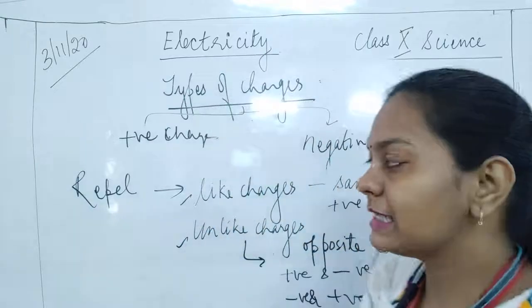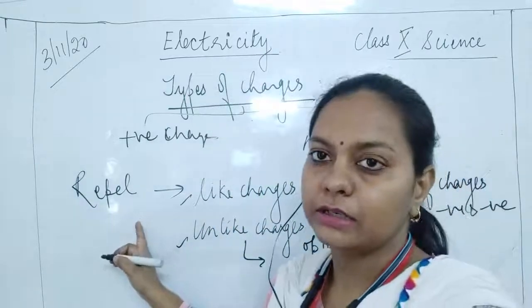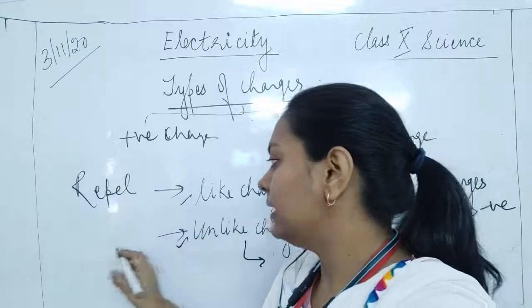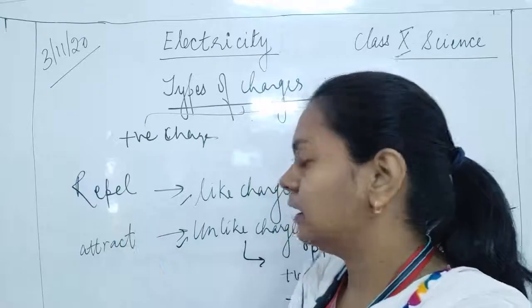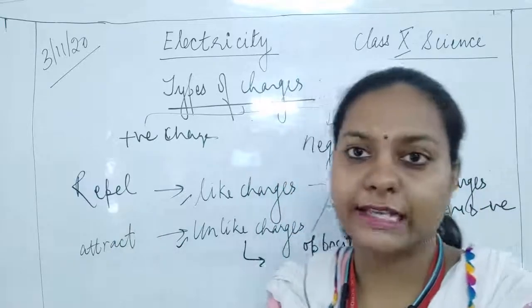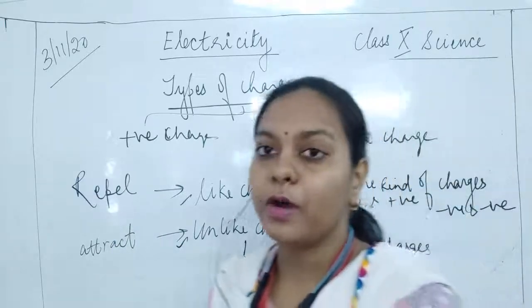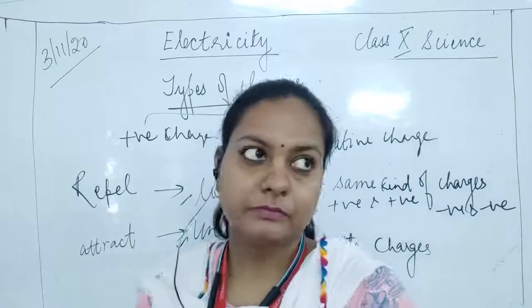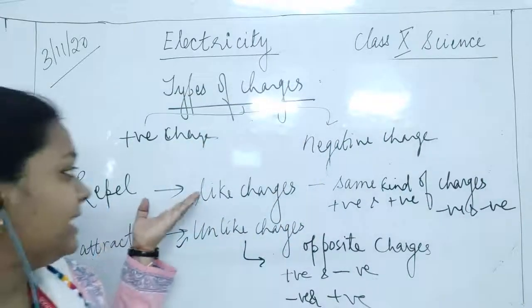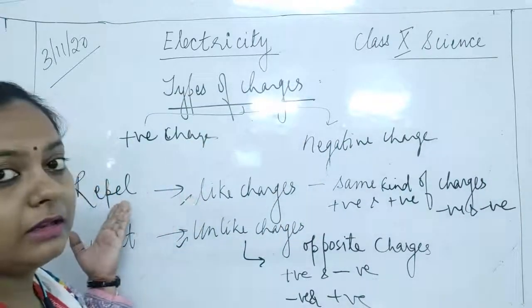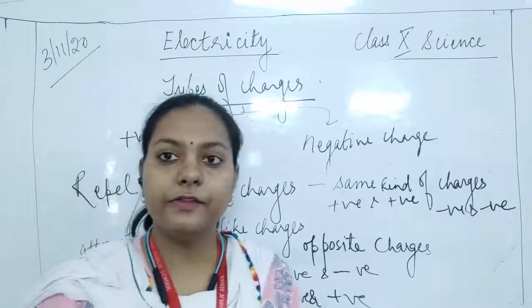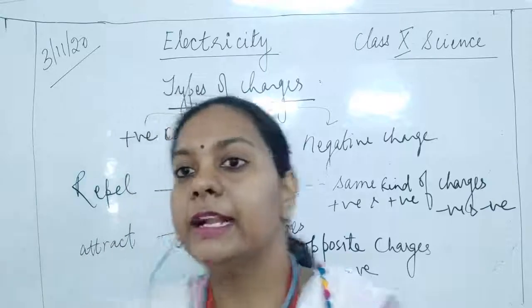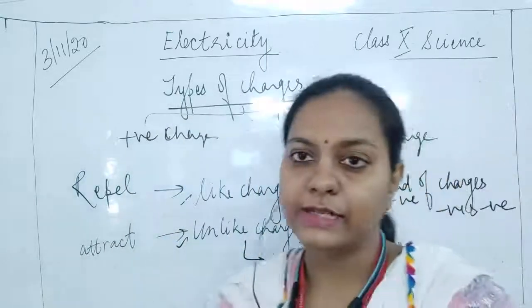If both the charges are same, they are going to repel each other. Okay, and what about unlike charges? They are going to attract each other. So children, this is an important fact to understand: whenever there are like charges, they are going to repel, and whenever two different types of charges come together, they are going to be attracted towards each other.